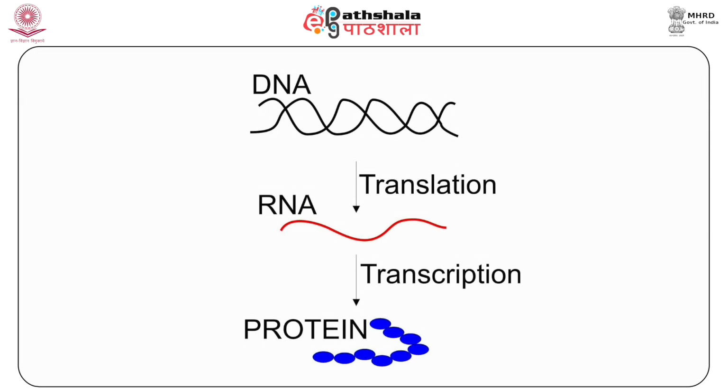Translation. Translation is the final step on the way from DNA to protein. It is the synthesis of proteins directed by an mRNA template. The information contained in the nucleotide sequence of the mRNA is read as three-letter words or triplets called codons.